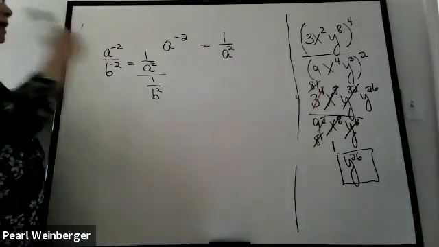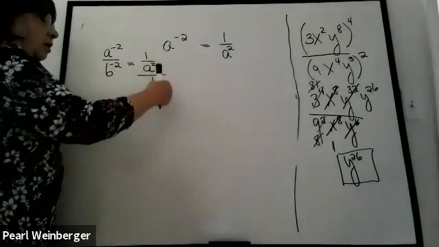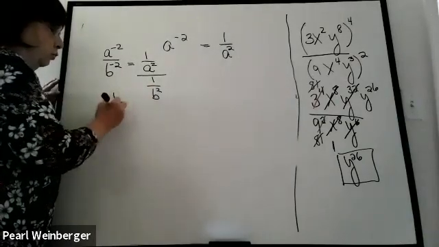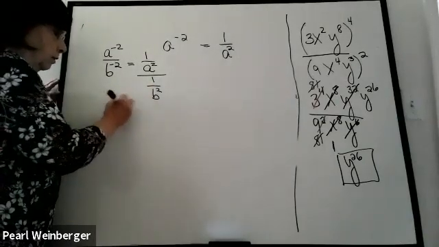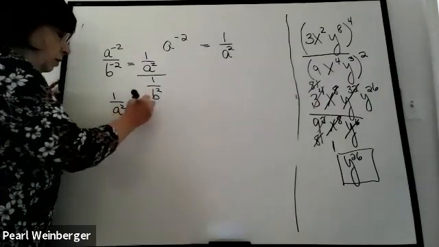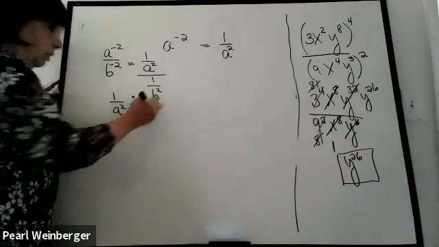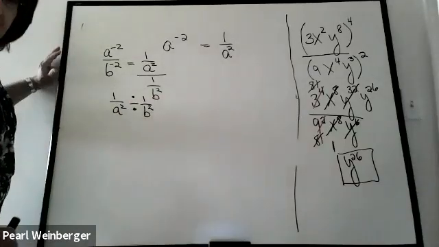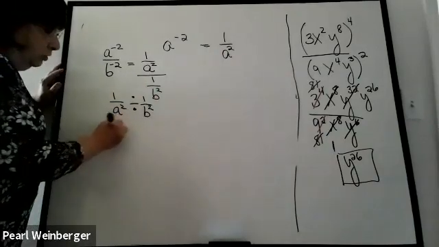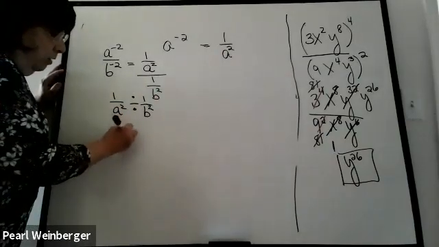Well, if I think about it, the fraction really means to divide. So it means 1 over a squared divided by 1 over b squared. And when you're dividing fractions, what you do is you take the reciprocal of your second fraction and multiply.